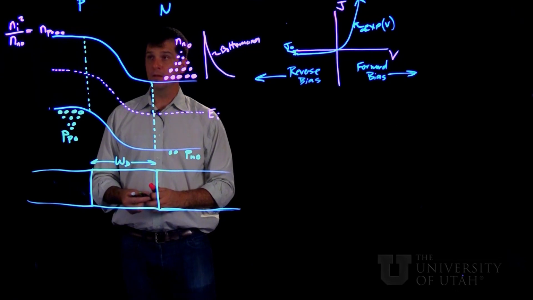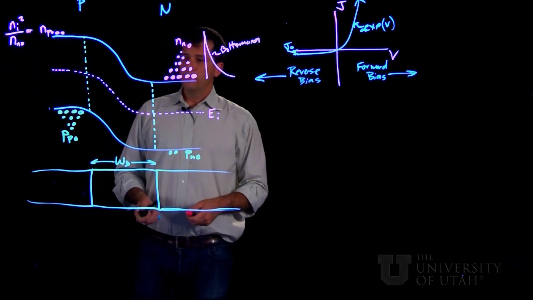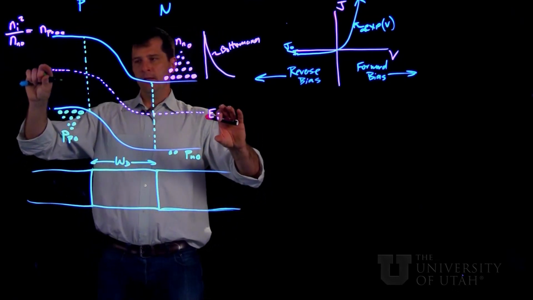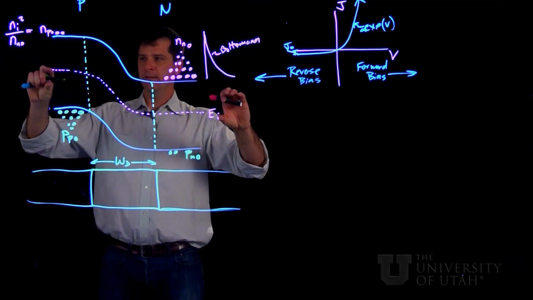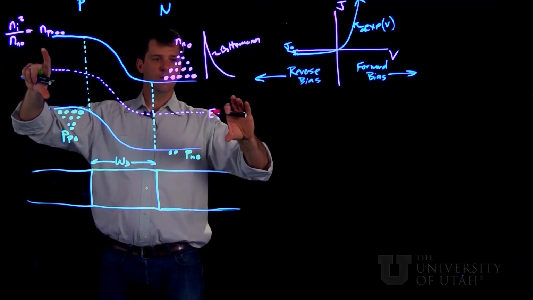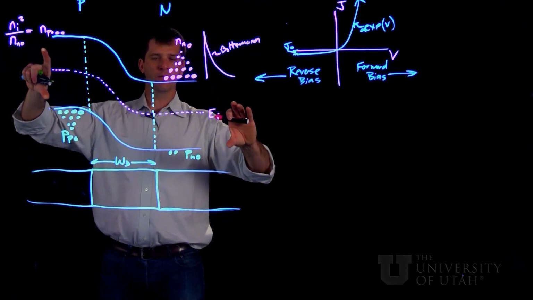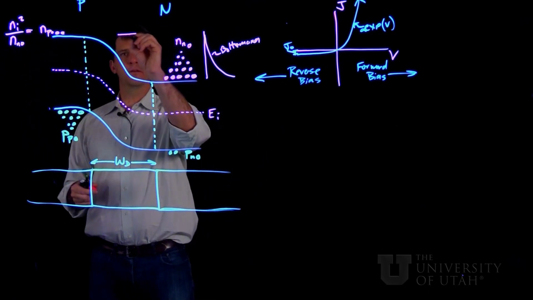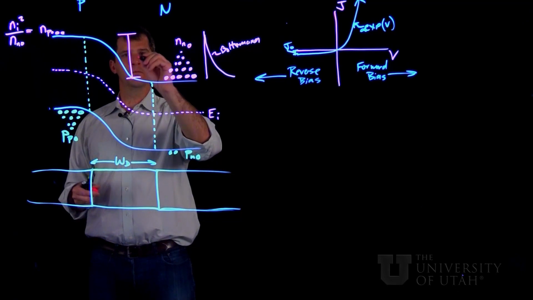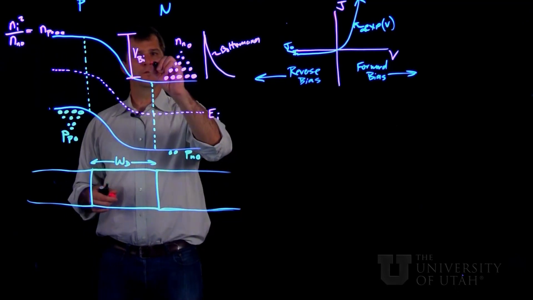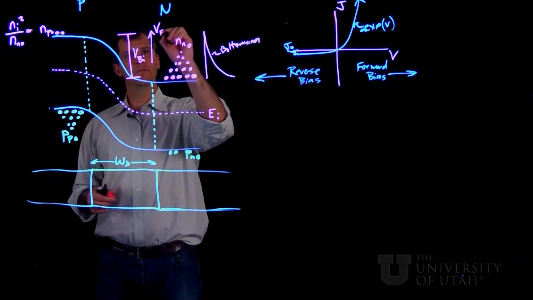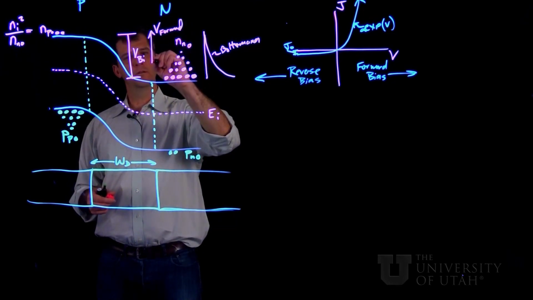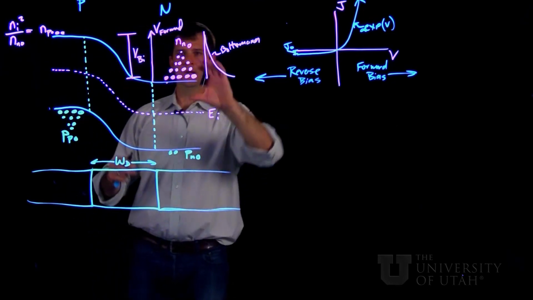Okay, now, if we apply a tiny little bias, let's imagine that we clamp this side and we apply a little bit of forward bias. So what the forward bias does is work against the built-in voltage. So V forward moves this band up.